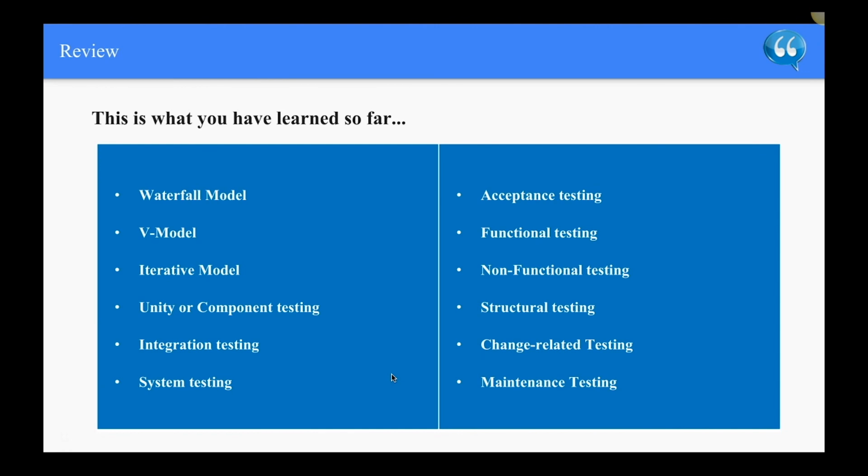We talked about unit or component testing, integration testing, system testing, acceptance testing, also called UAT, functional testing, non-functional testing, structural testing, change-related testing, and finally maintenance testing. So if you need to refresh your memory, just go back to the videos and look at that specific area. And we now complete this section 2.